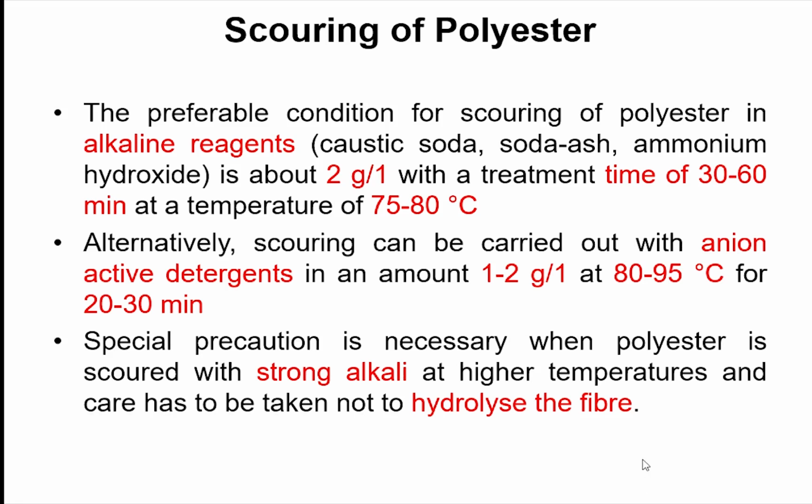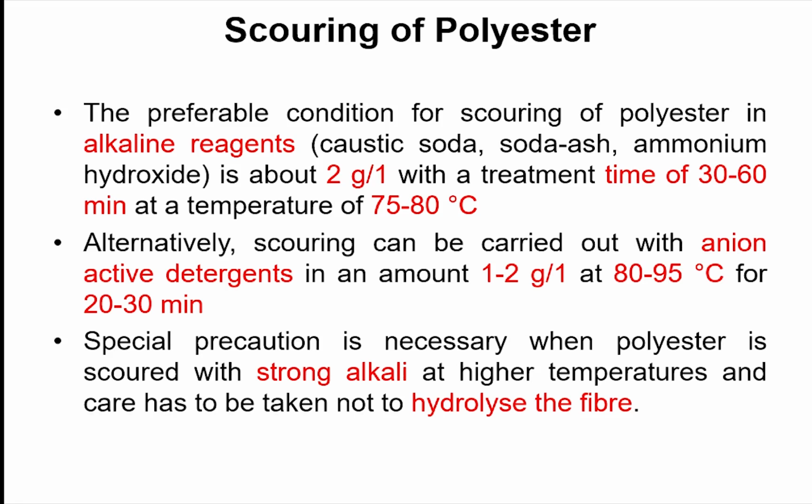In this case, you have to use soda ash or ammonium hydroxide instead of caustic soda, and you have to use a mild concentration like 2 gpl of soda ash, or you can use ammonium hydroxide, and you have to keep the temperature below the usual temperature.